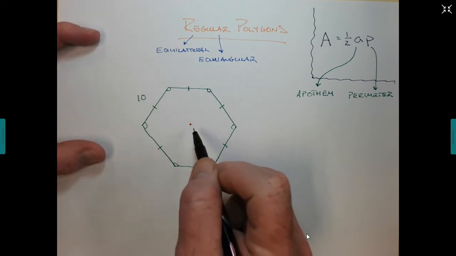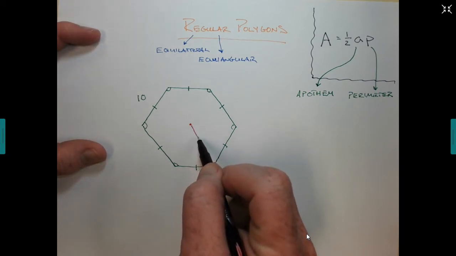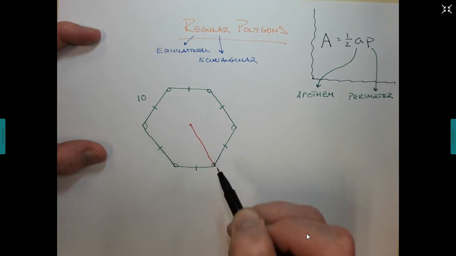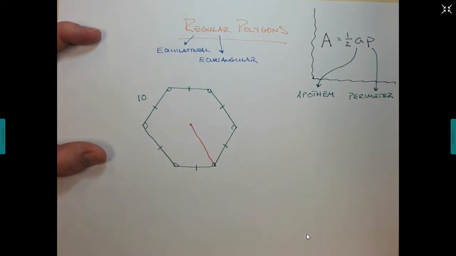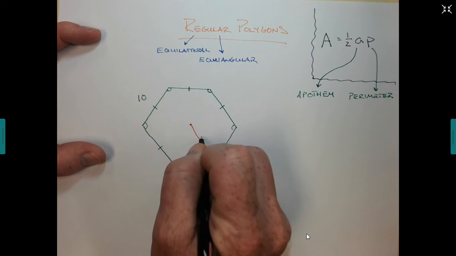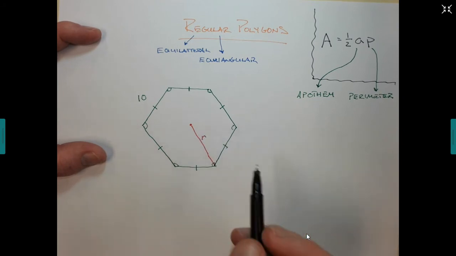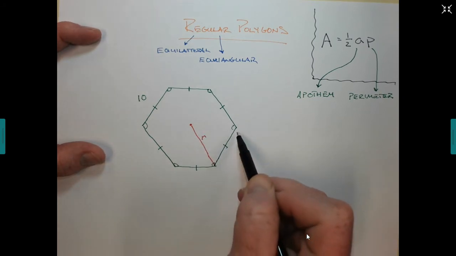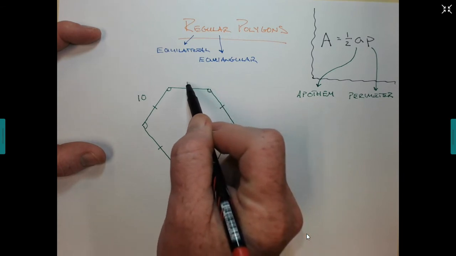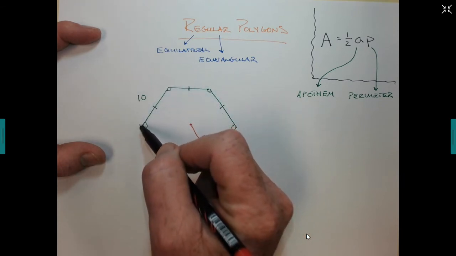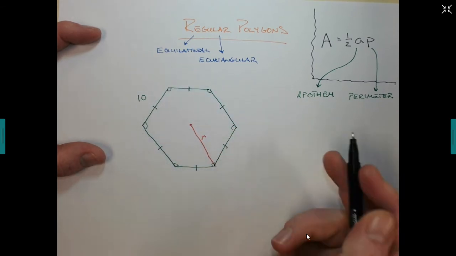If I were to draw a line from the center out to any of these vertices, that's actually referred to as a radius, because I could draw a circle that goes around this object that would hit all of those vertices and inscribe this entire object.